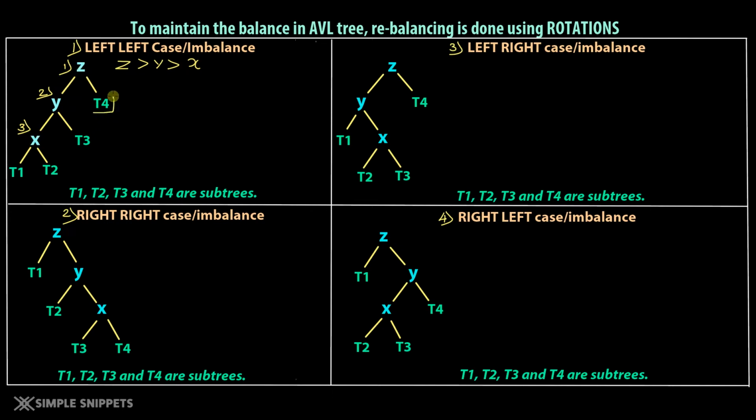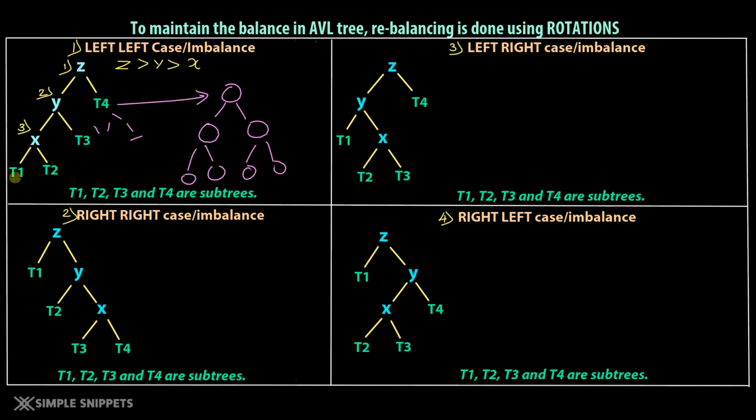So what are these other labels? What is T4? What is T1, T2, T3? T1, T2, T3, T4 are subtrees. T4 can be something like this, where you have many more nodes below it at the place of T4. But we are considering only 3 of these nodes because when you're doing rotations, only 3 nodes are considered in the rotation scenario.